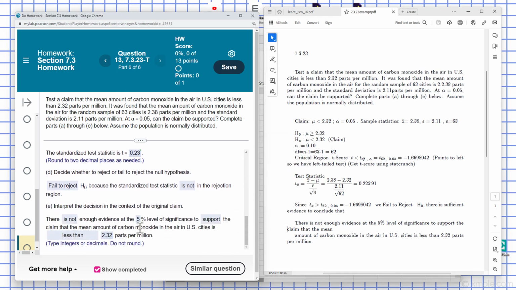There is not enough evidence at the 5% level to support the claim that the mean amount of CO is less than 2.32 parts per million. This is that problem here.